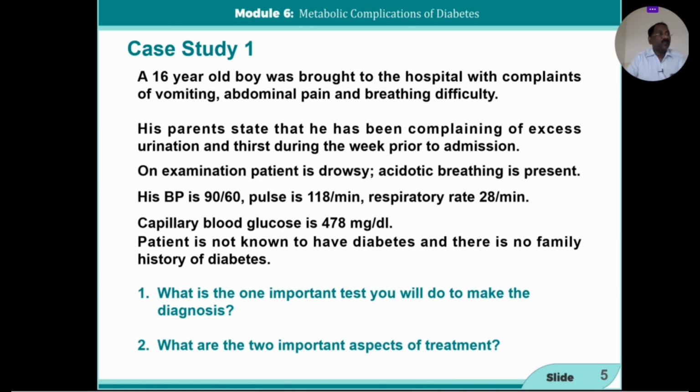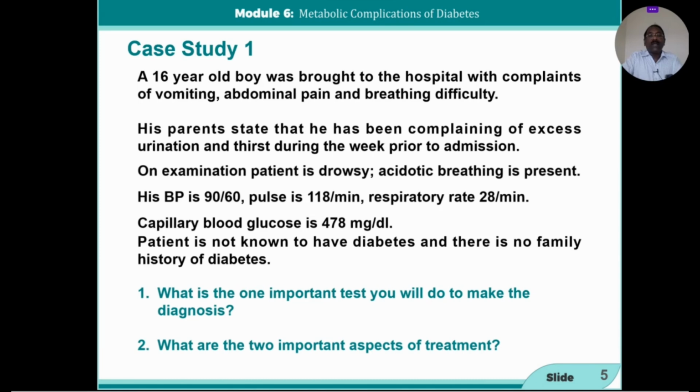Just one week history of polyuria and polydipsia. On examination, the patient is drowsy, acidotic breathing is present, BP 90/60, pulse tachycardia, respiratory rate is 28. So tachypnea, tachycardia, hypotension. Blood sugar 478.